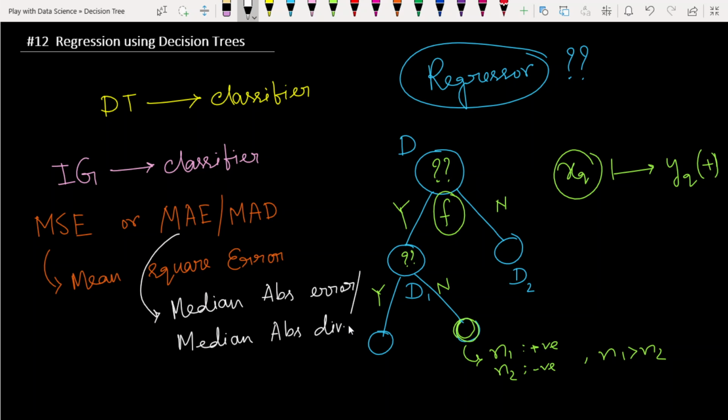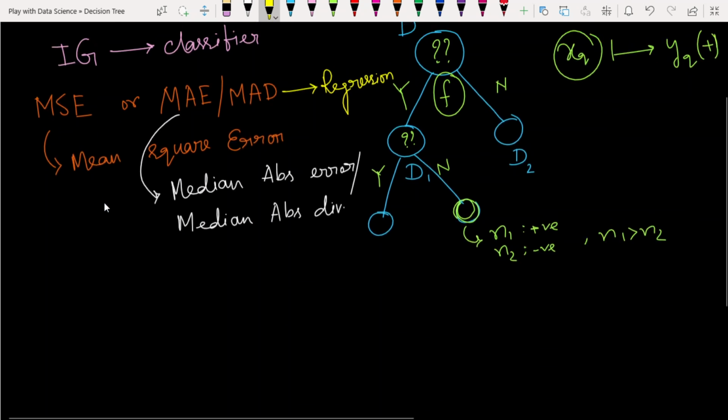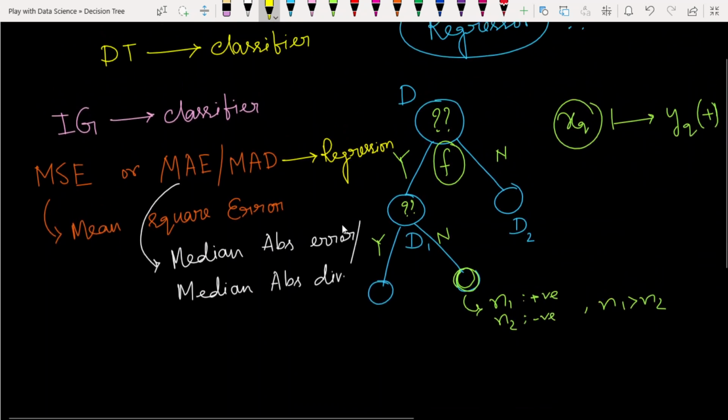Both are the same thing. Just for regression purposes we use these two things. So to build a regressor we use these two things instead of information gain. So let's see how we will do this job.